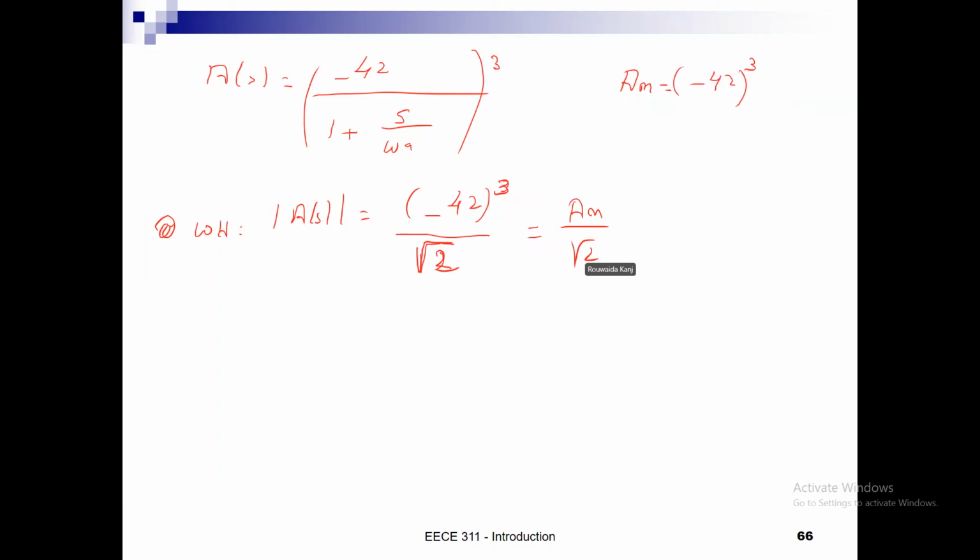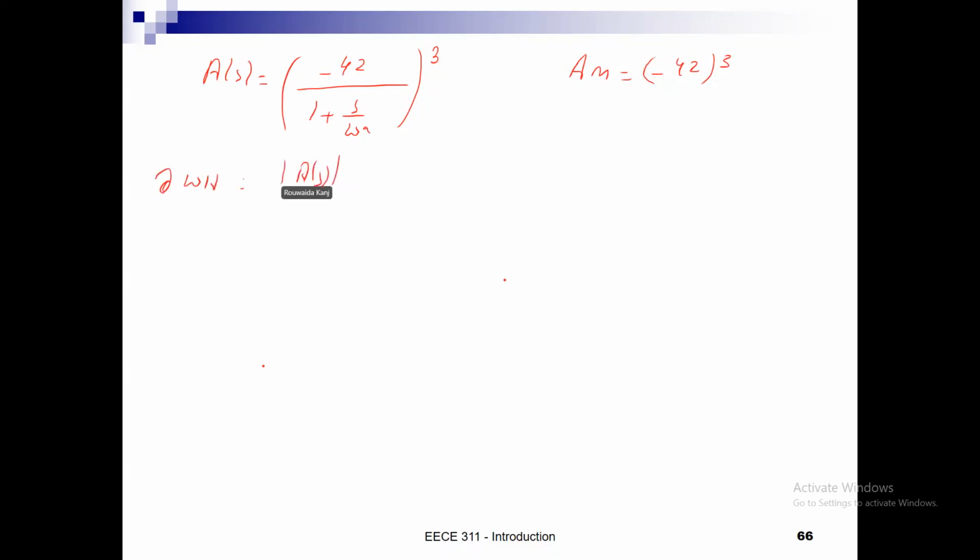This is clear for all of you, right? So if A of S is minus 42 over 1 plus S over omega A all cubed, the low frequency gain, we agreed, is minus 42 cubed. And at omega h, the magnitude of A of S is going to be equal to minus 42 cubed over root 2.